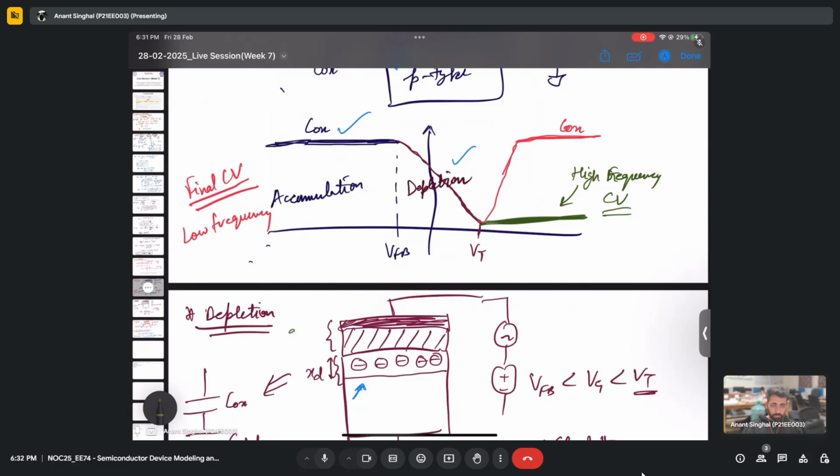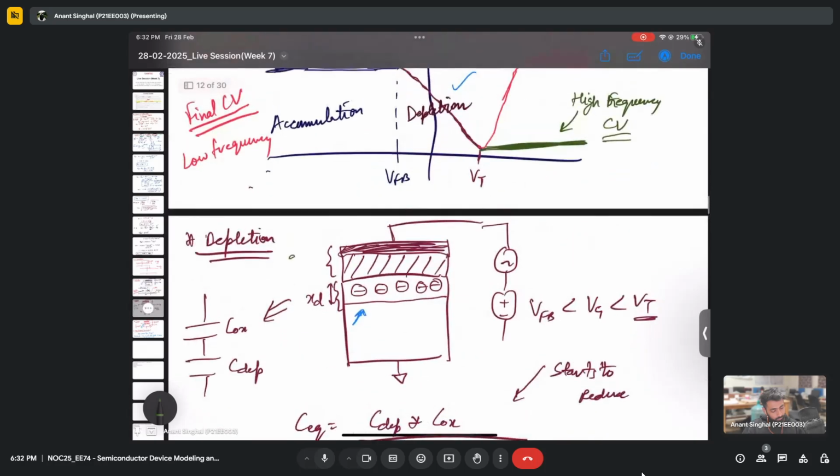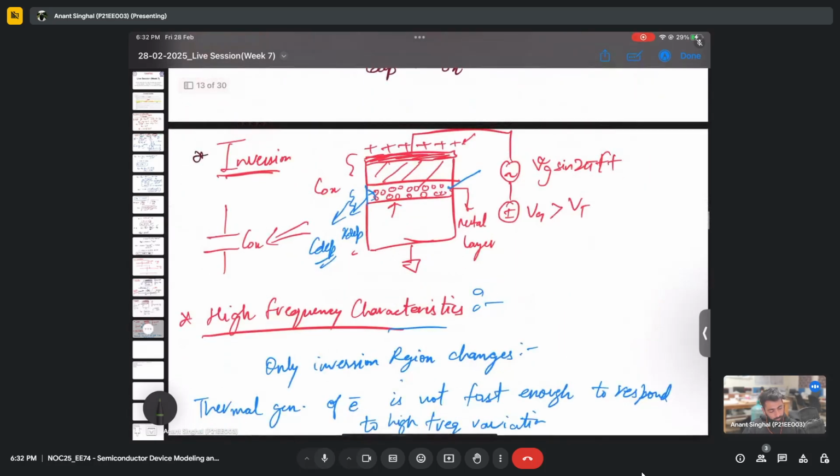So, sir, it means that in low frequency, in inversion, the capacitance will be... Yeah, because we have the thermal carriers, the electrons at the semiconductor oxide interface, so it is like a COX.